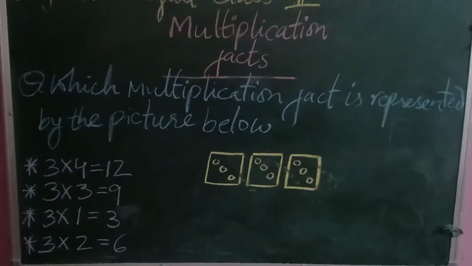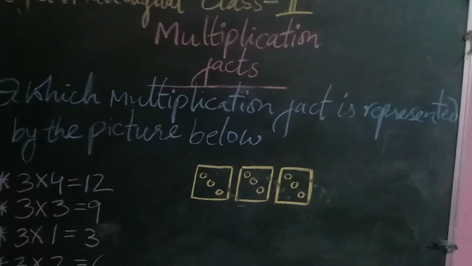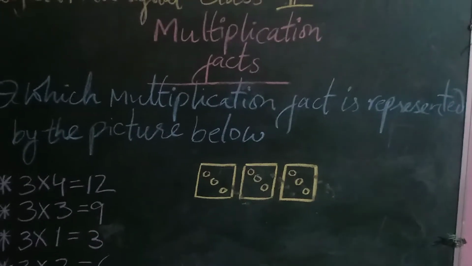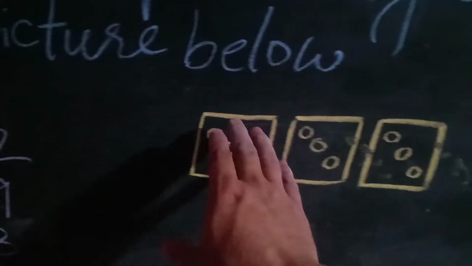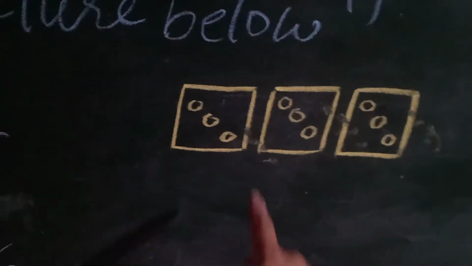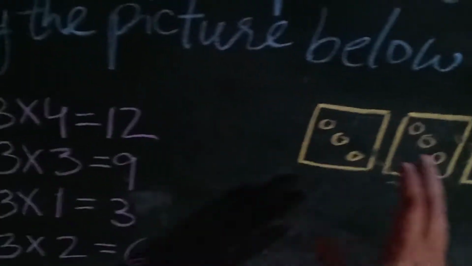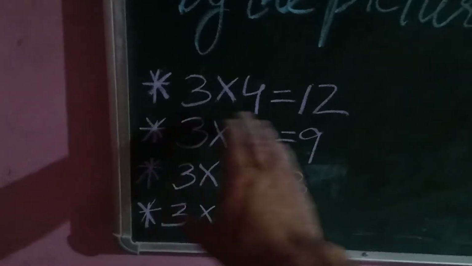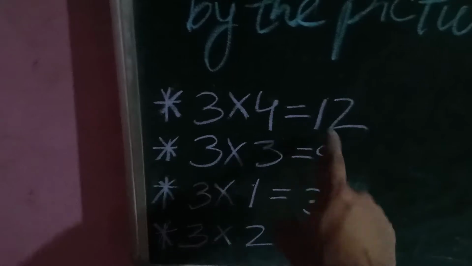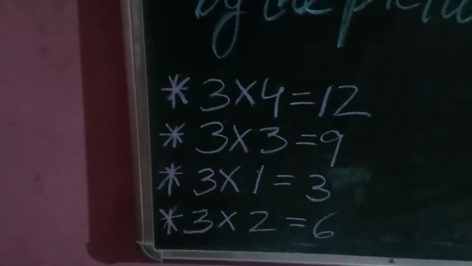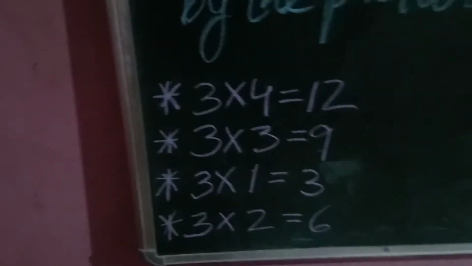In the next question, you have to find the multiplication fact represented by these three dice, with 3 dots in each. Choose the correct option: 3 multiplied by 4, 3 multiplied by 3, 3 multiplied by 1 or 3 multiplied by 2.